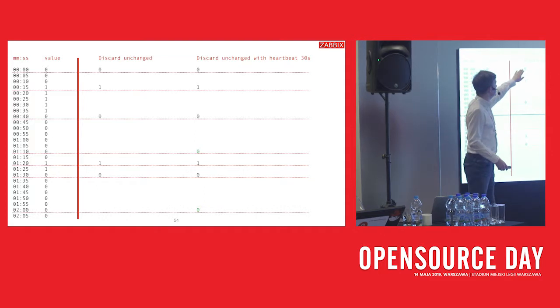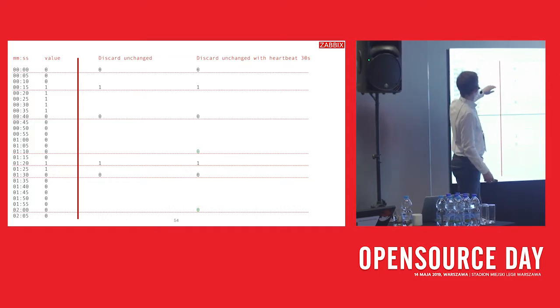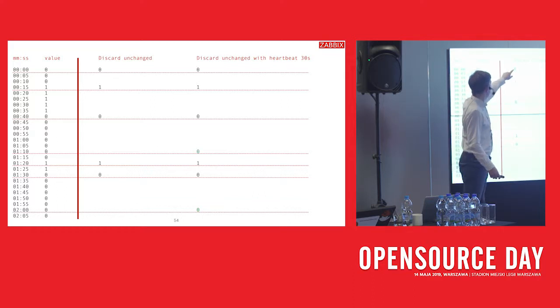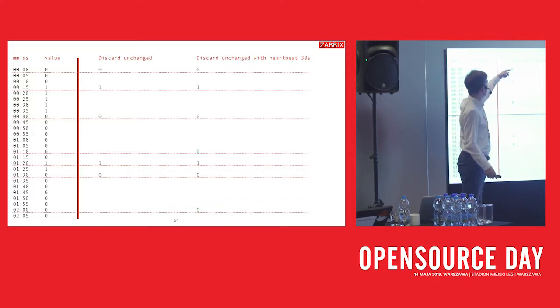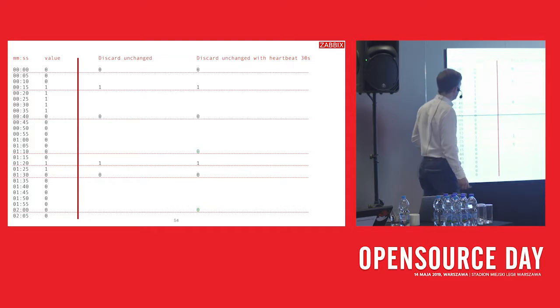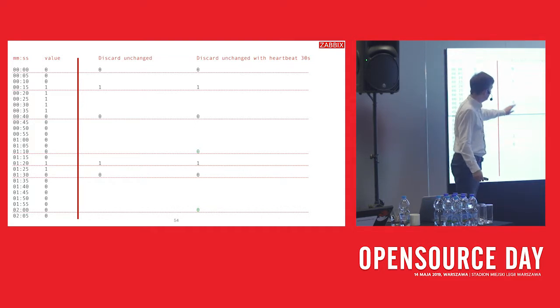If you use discard unchanged, Zabbix will drop these zeros. 0, okay, but 0, it's the same as the previous one. It will be dropped, but then 1, 0, 1, 0. Yeah? So, as you can see, it works fine. But there will be some empty spaces in graphs here and here, yeah?